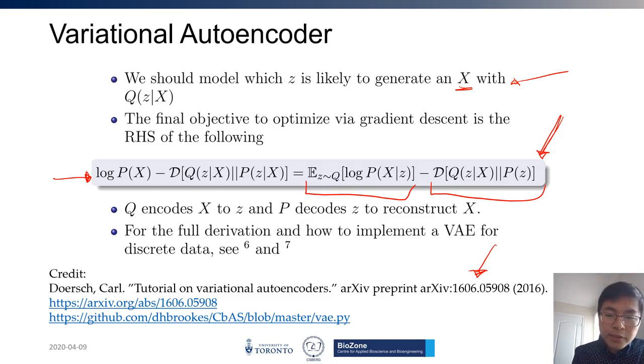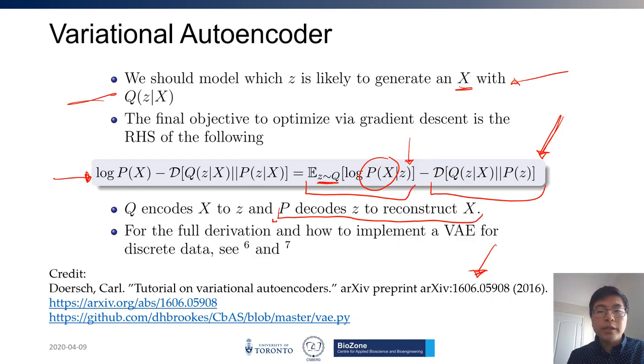So essentially the first term, you're sampling Z from this optimal distribution Q. You give Z to your distribution P and you decode it, right? You generate your data from that latent code. So here we could say that P decodes Z to reconstruct X.